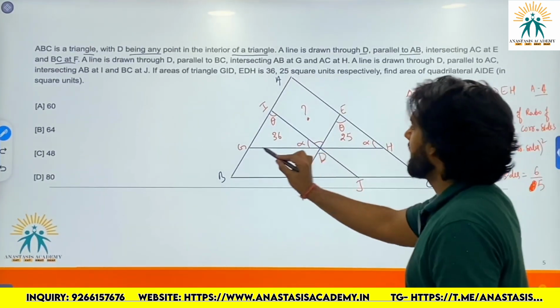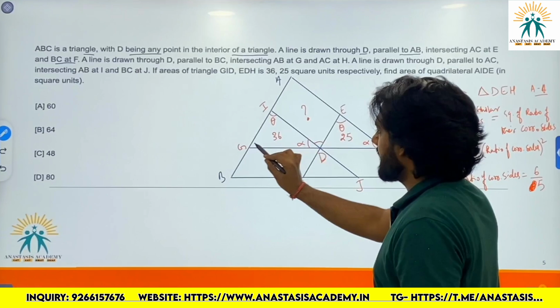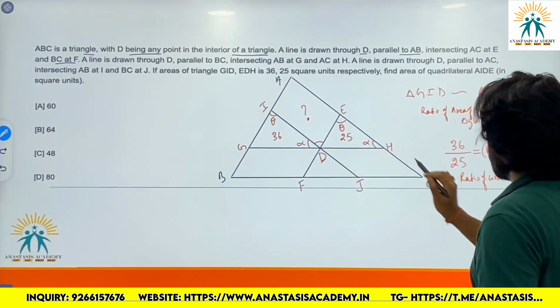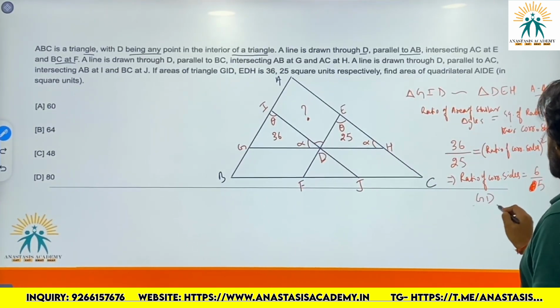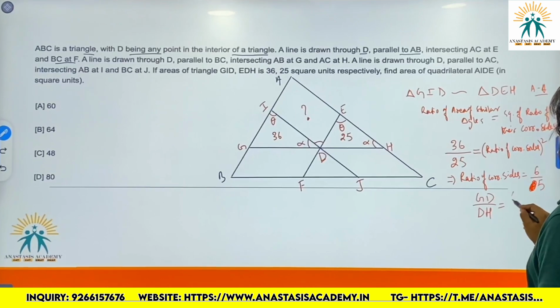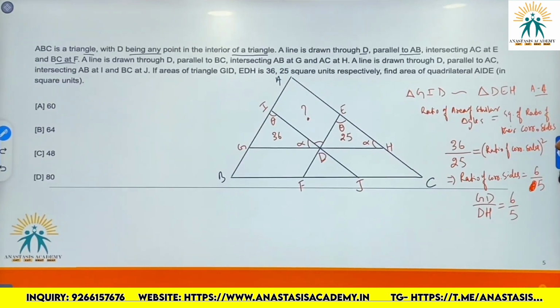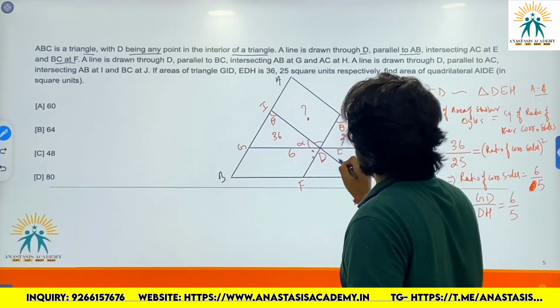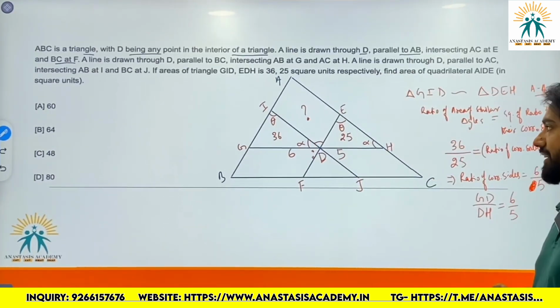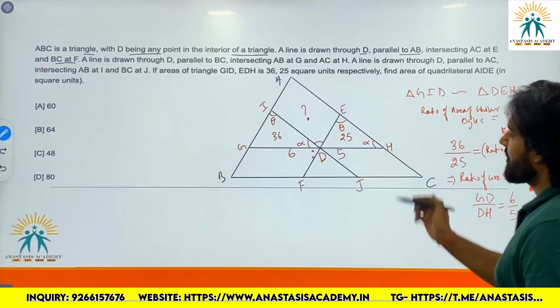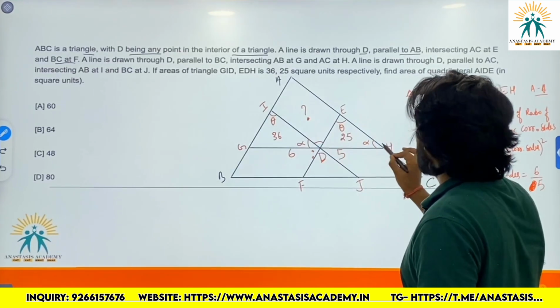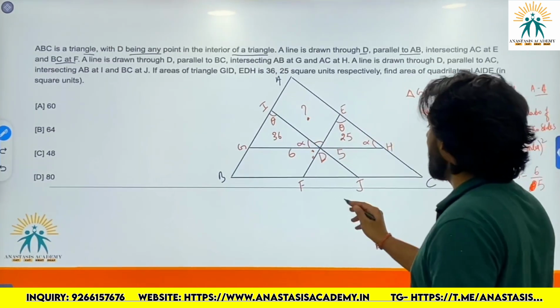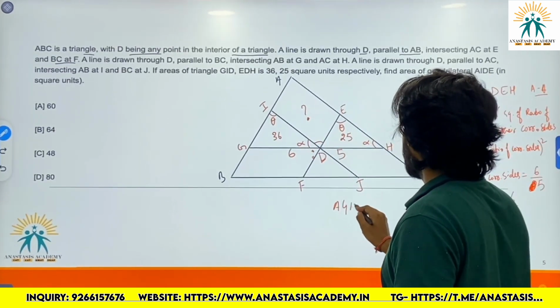So I am taking these two corresponding sides, that is GD and DH. So I can say GD upon DH would be equal to 6:5. So this ratio is 6:5. Now take this bigger triangle AGH.